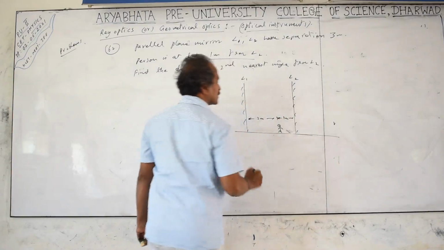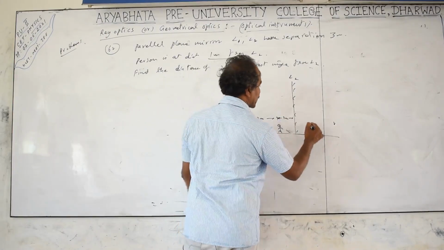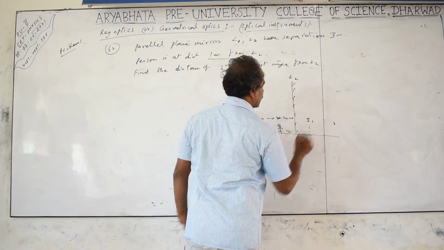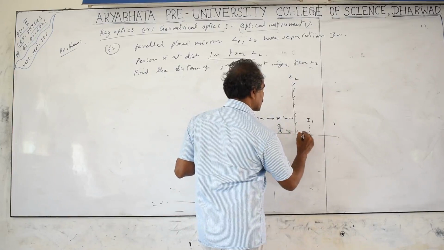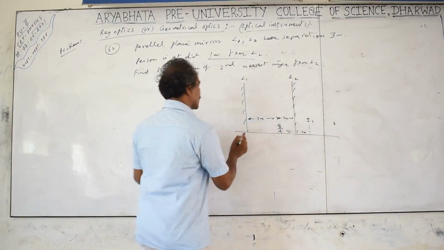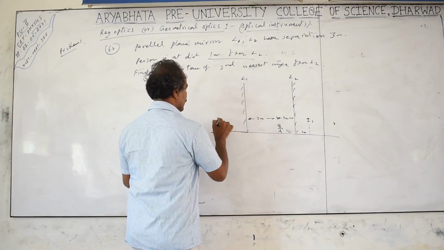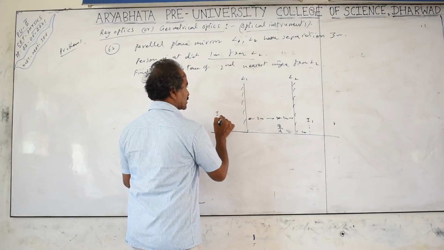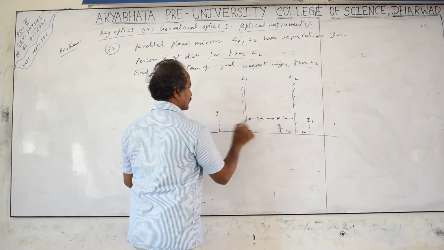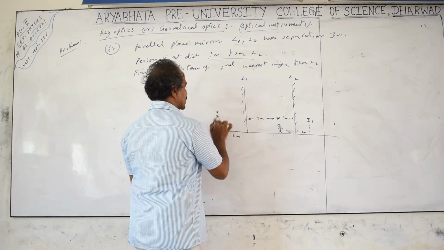The image is also formed at a distance of 1 meter; this is the first image, I1. This is also 1 meter. And here the image formed is at a distance of 2 meters. This is the image for L1 at a distance of 2 meters.